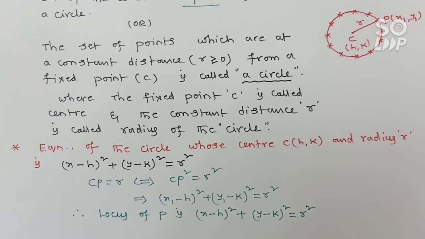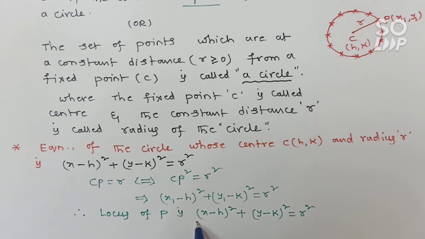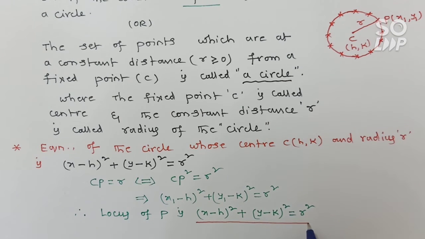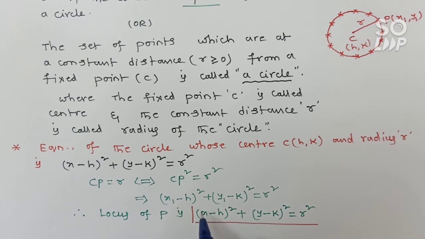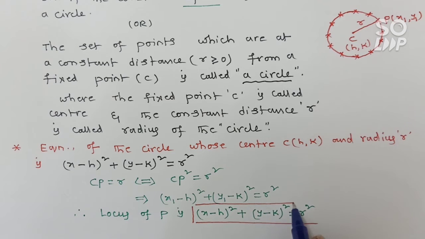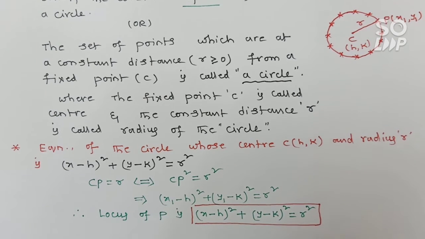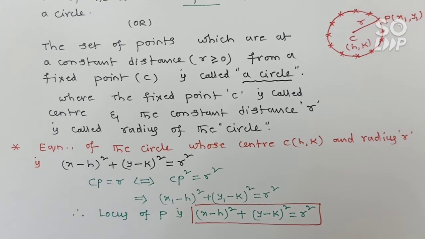So this one is the equation of the circle when the center is (h, k) and the radius is r. This one is called the general standard equation of the circle.